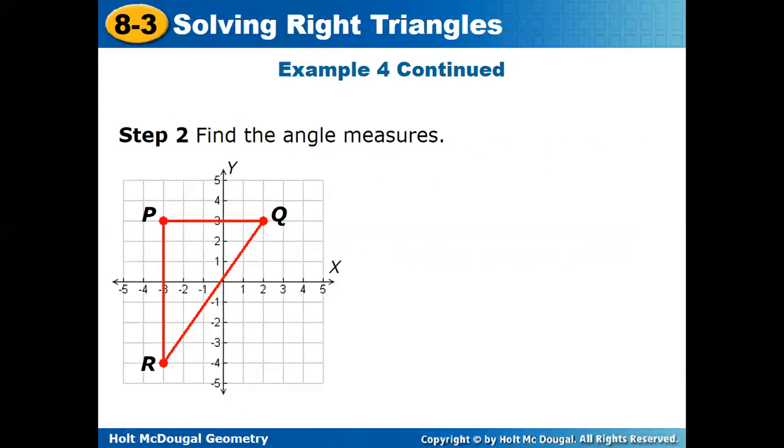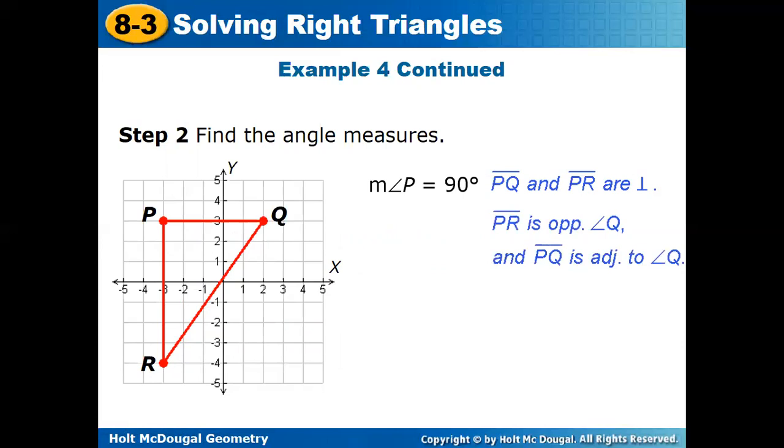So to find the angle measure, we know that the measure of angle P is 90, and if you look from angle Q, you will find that RP is the opposite leg for angle Q, and PQ is the adjacent leg for angle Q. So opposite and adjacent, you can find this in tangent.